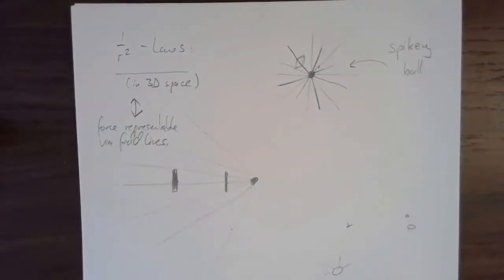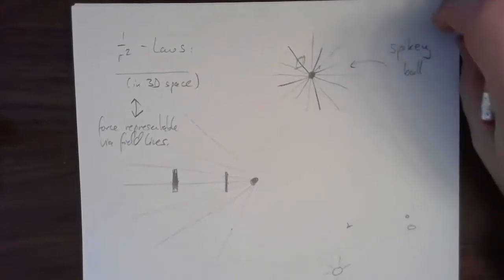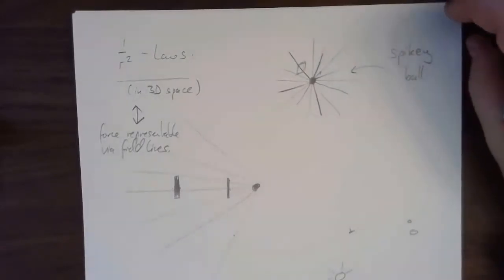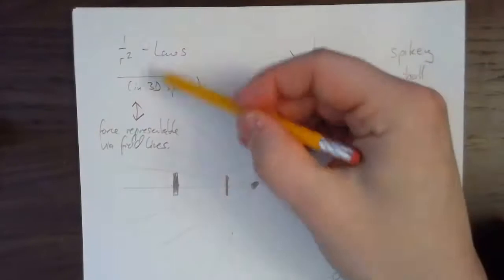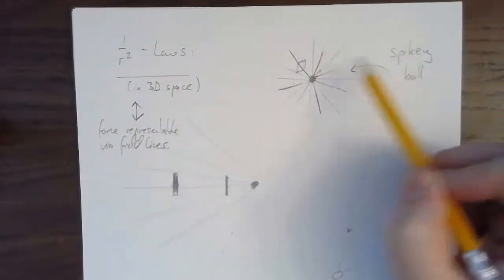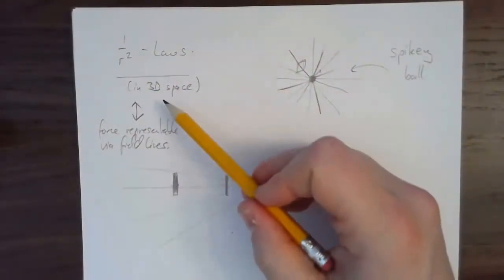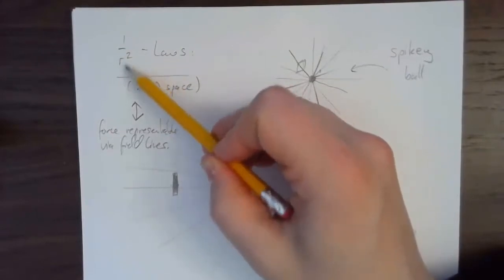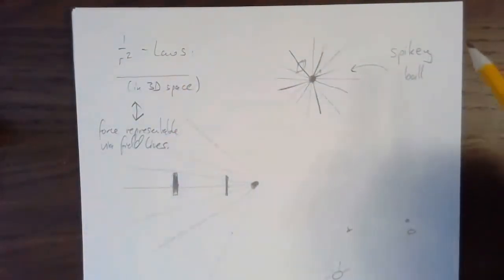Now, I could say a lot about these. Some of it makes sense, some of it doesn't make sense, but I want you to just think about these questions. Think about this connection that this sort of spiky ball idea leads to 1 over r squared in 3D space.